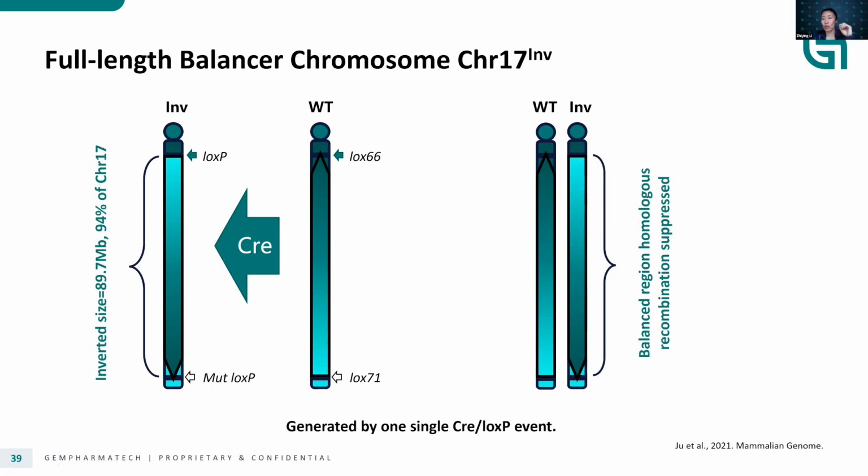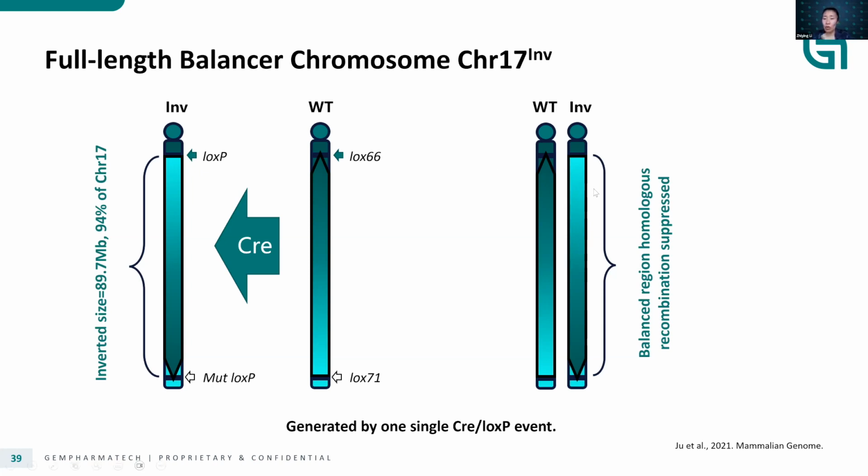What this does is, when the wild type and inverted chromosomes are the pair, there is no crossing over or homologous directed recombination that can take place during cell division.